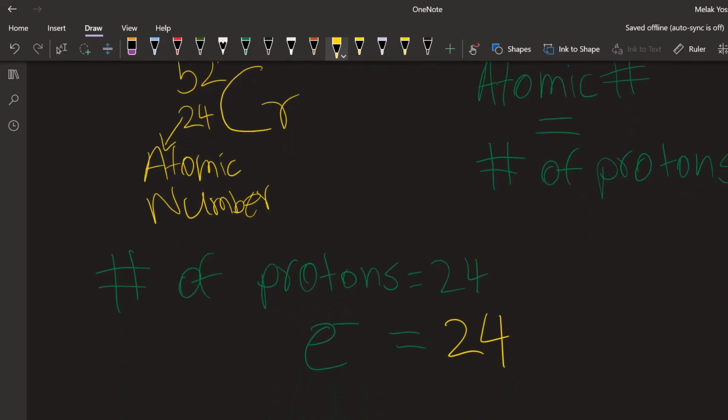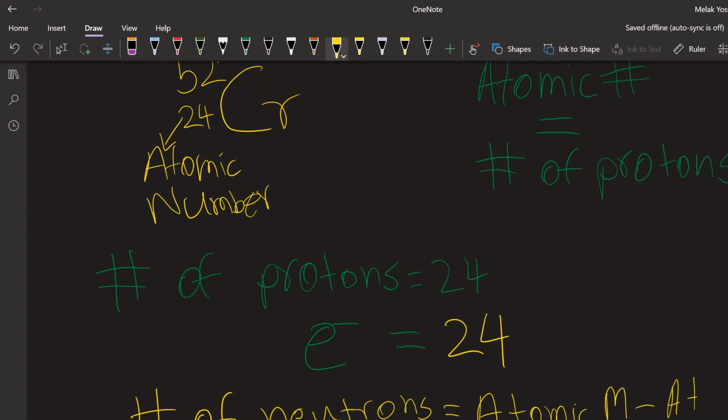Now the number of neutrons is going to be the atomic mass minus the atomic number.